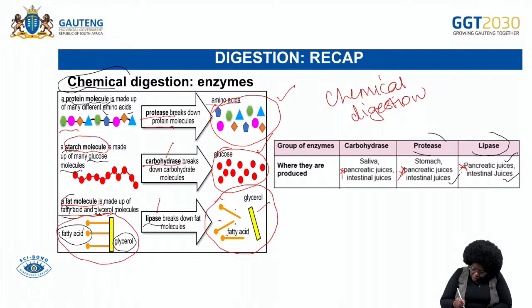And also intestinal juices. Just remember what I said earlier on. Only carbohydrase is also found in the saliva, right? But we will not find protease and we will not find lipase. And in the stomach, we only find protease as the enzyme that helps to break down food in the stomach.